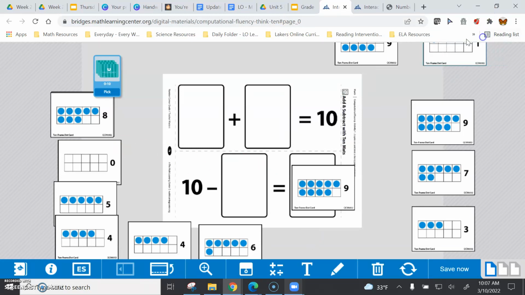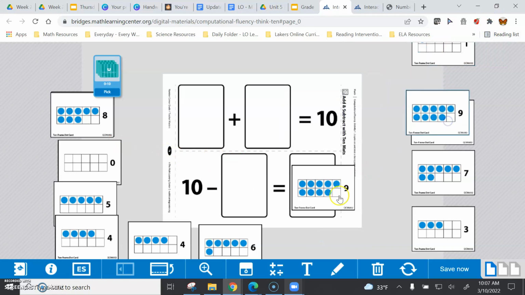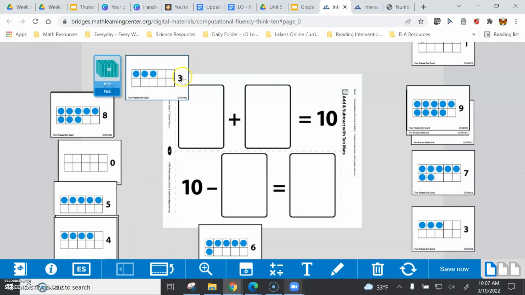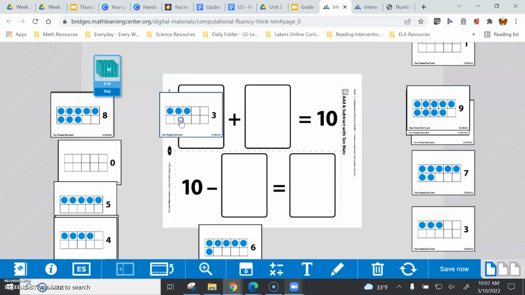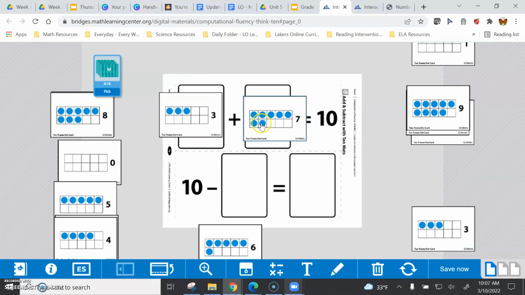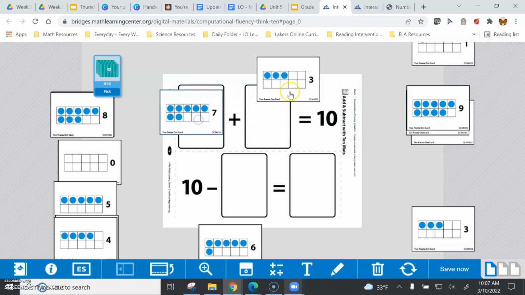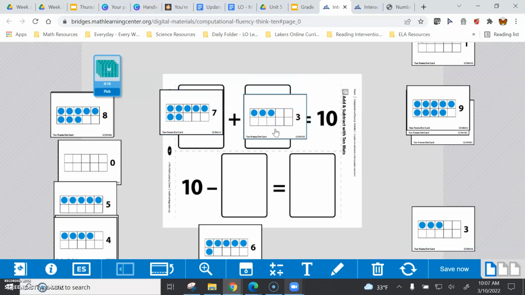And again, you know I'm going to do this each day until we see it more and more and more. I'll put the 9s together. All of those are 9s. I'll put the 4s together here. Let's see what else we have. A 3! Another 3 here, but we can do this. 3 plus 7 equals 10. And then we can take that and turn it around, of course. 7 plus 3 equals 10.